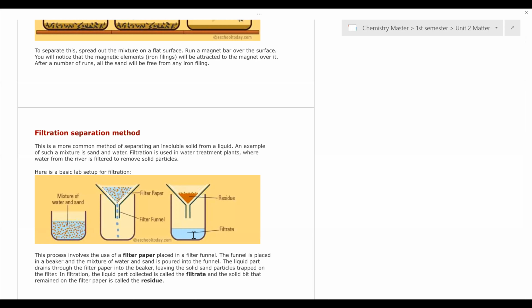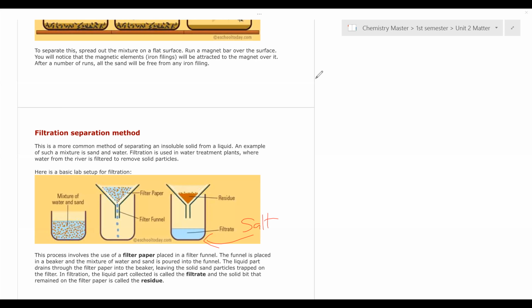Those particles are super, super tiny. So I would have to do something else, okay? If I also had salt, the salt would be down here with the water, and I would have to do something else. I could separate the salt from that water, but I couldn't use filter paper to do that, okay? All right, so that is filtration.